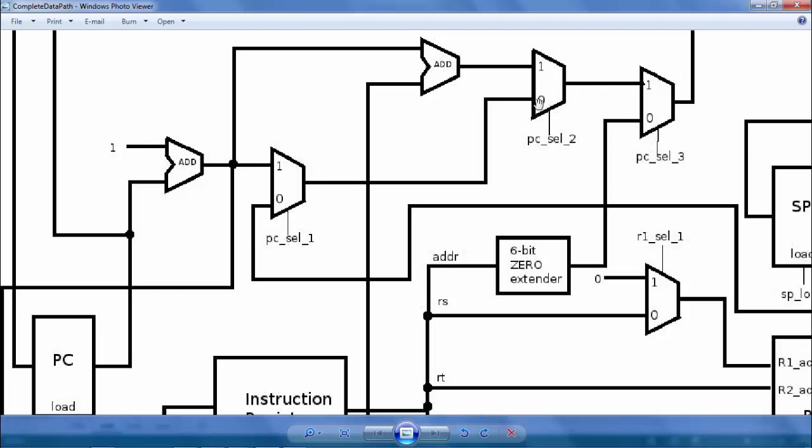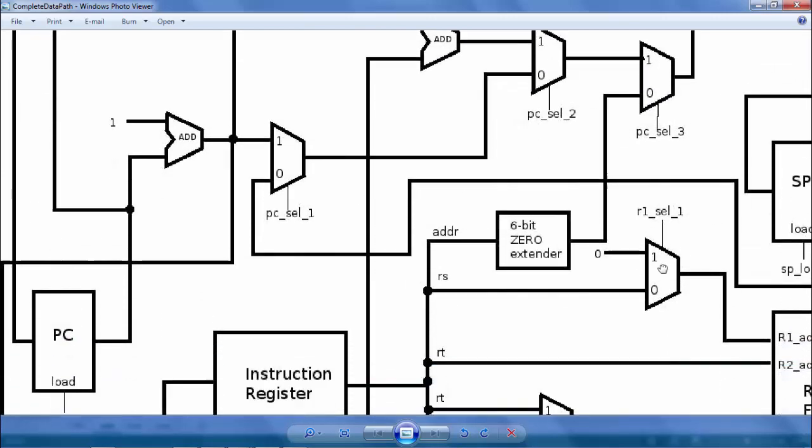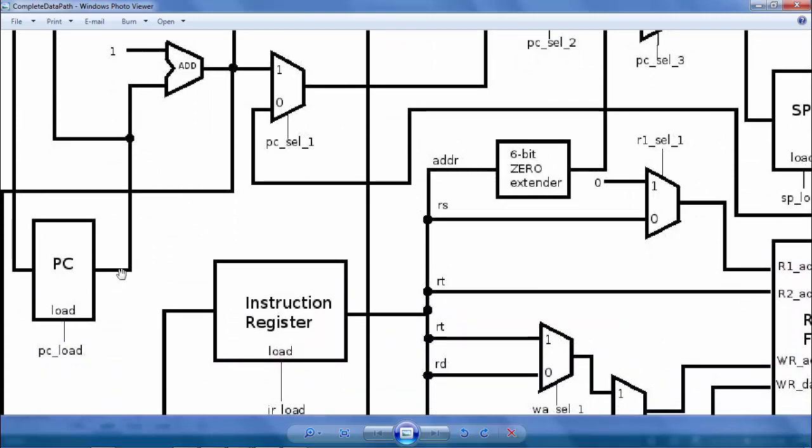If we trace back this path, PC select 1 is also controlling the data of the PC. And then there is nothing controlled here. Here is the adder, and the adders are not controls. So they are basically related to the next value of the PC.